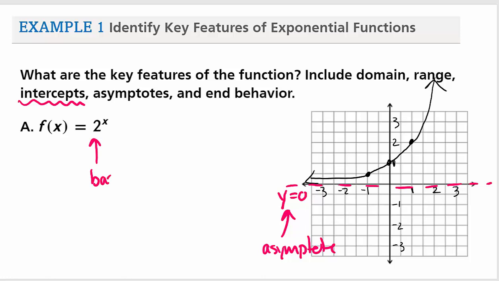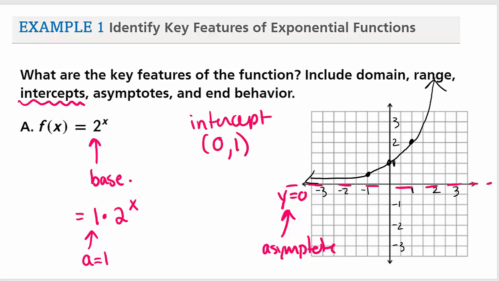This is our base. That means that we don't have a number being multiplied in front. So it's implied that it is a 1. So our a value is equal to 1. So our intercept is (0, 1).